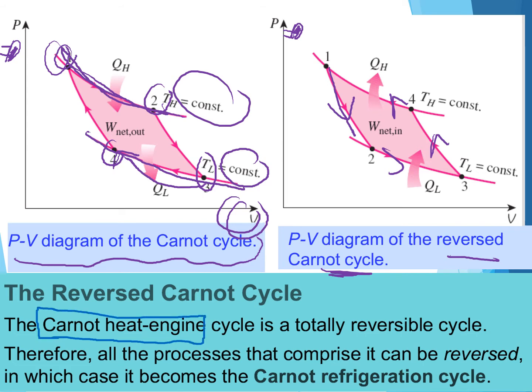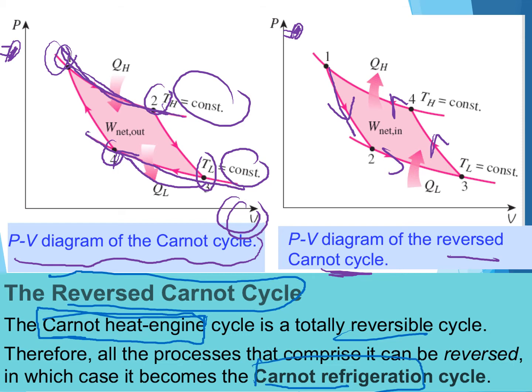A Carnot heat engine is a heat engine that is totally reversible, right? And then what does it mean by reverse Carnot cycle or the reverse Carnot heat engine? The reverse of a Carnot heat engine is a Carnot refrigeration cycle, right?